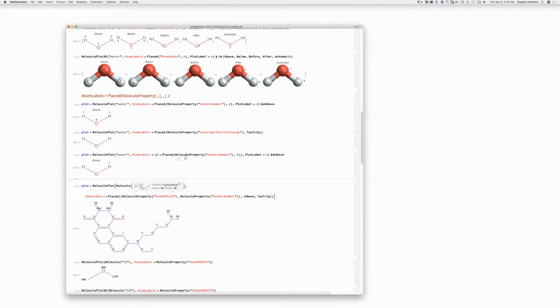What is this? This is atom index. Atom index would be one thing you could give as a value of atom labels. That means put the atom index as the atom label. This is saying put the atomic number of the atom as the atom label, correct? Yes. Okay.